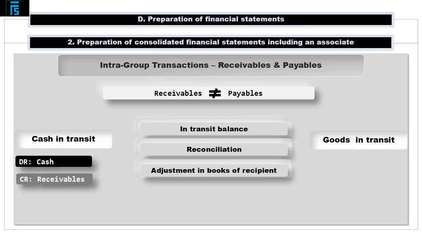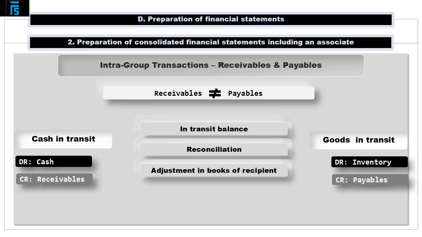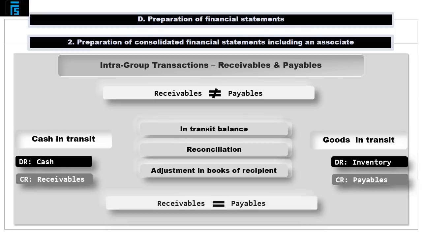Conversely, if it is goods which are still in transit, then the relevant double entry is a debit to the recipient's inventory and a credit to trade payables. Once these consolidation adjustments have been made, the receivables and payables accounts of the seller and buyer may be offset and cancelled out, resulting in their complete removal from the consolidated statement of financial position.